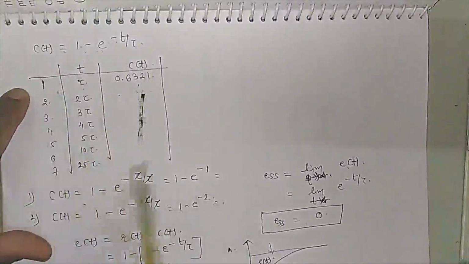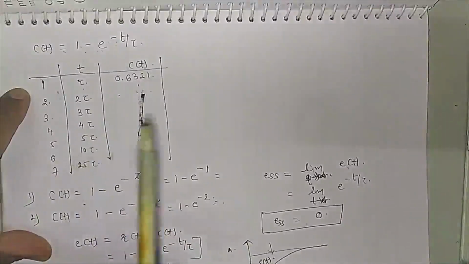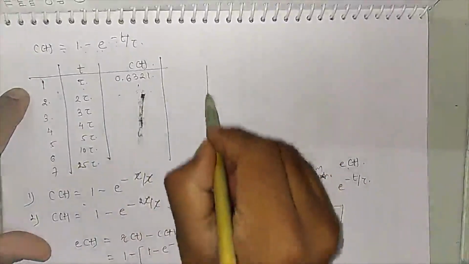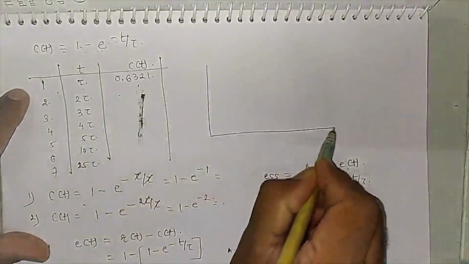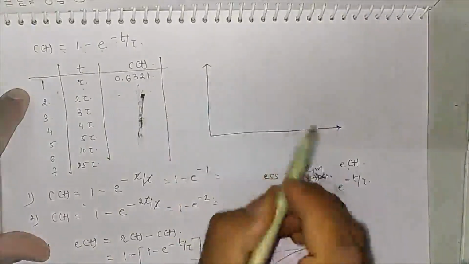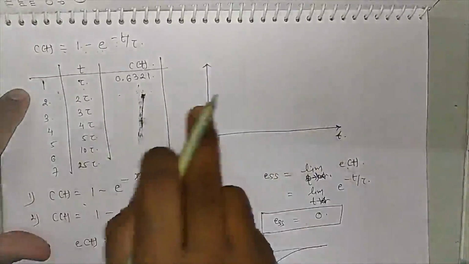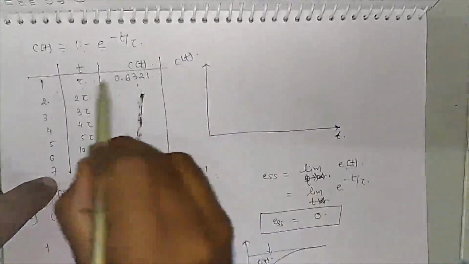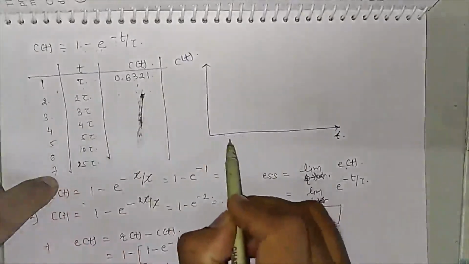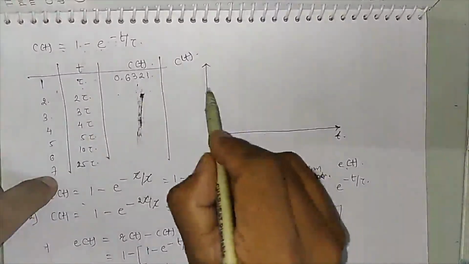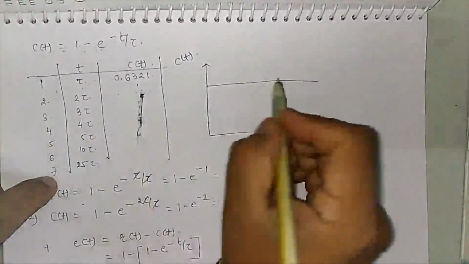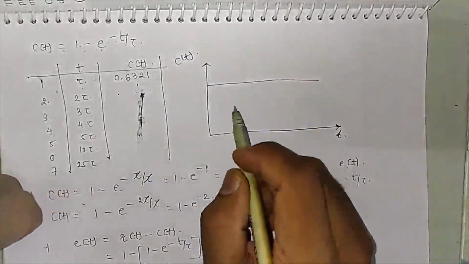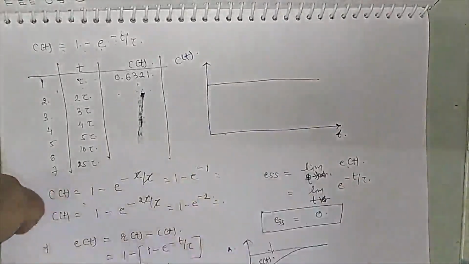That was a part of your homework, and you need to plot C(t) with respect to t, at the values t, tau, 2 tau, and this is nothing but the reference value. What this waveform will look like, we will be discussing in a doubt clearing class.